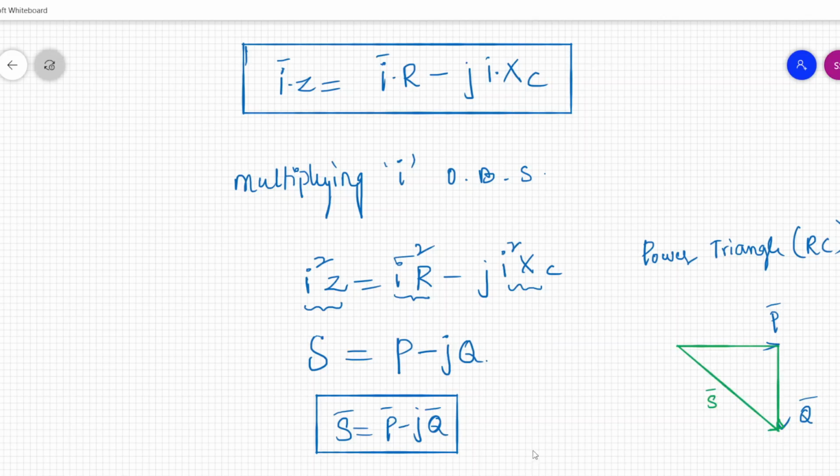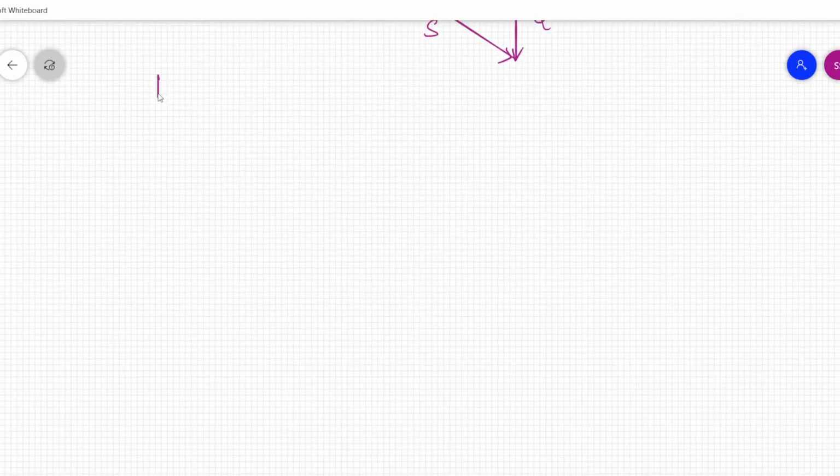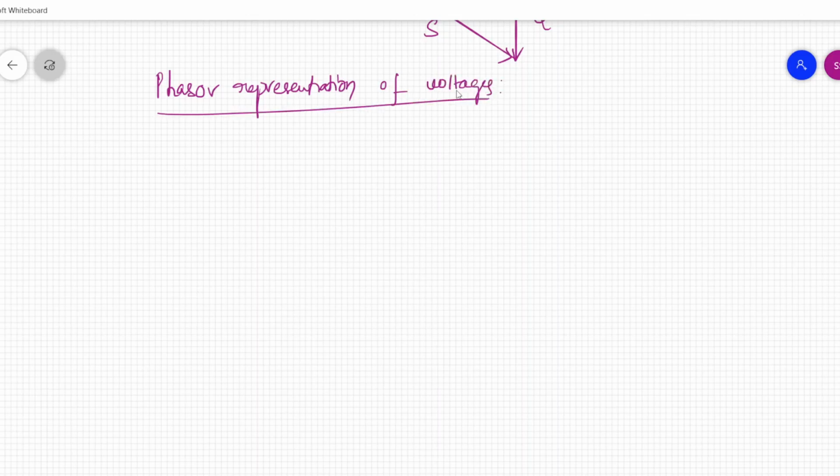Now let us see the phasor representation of voltages. So we have three voltages. V is the total supply voltage, VR plus VC.